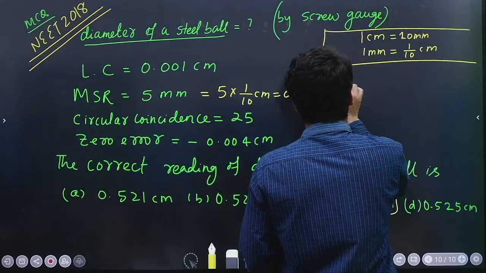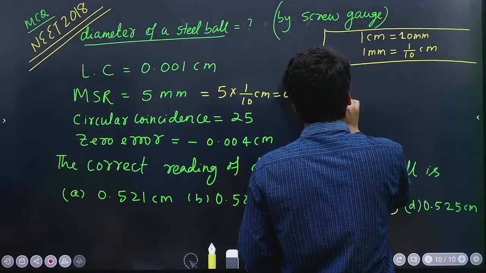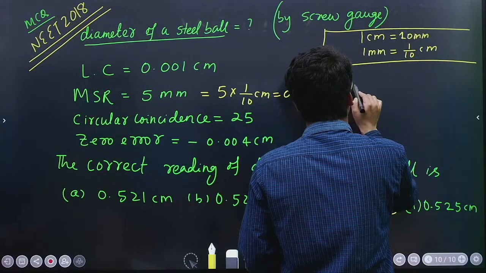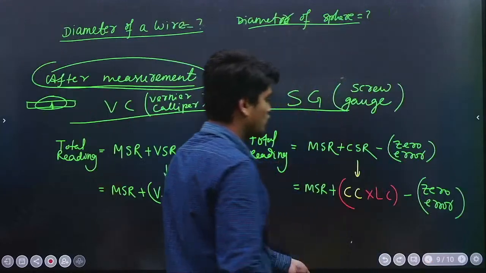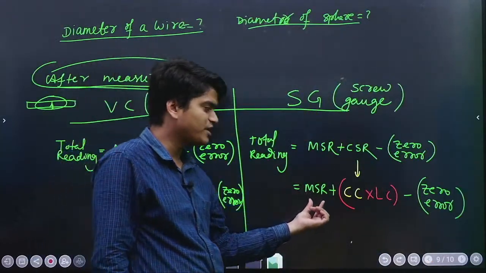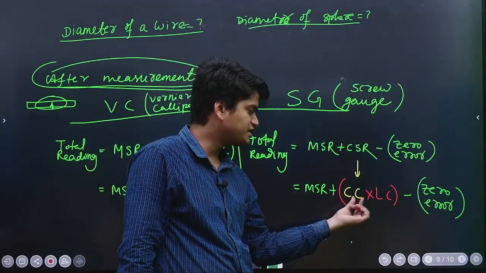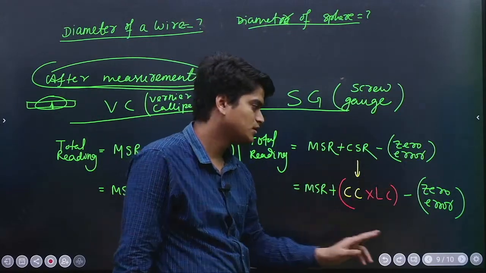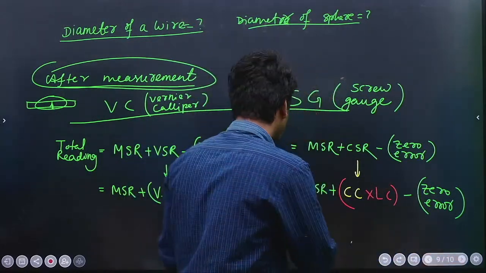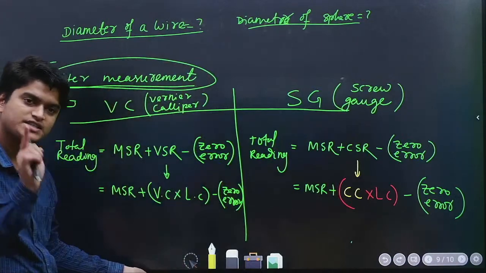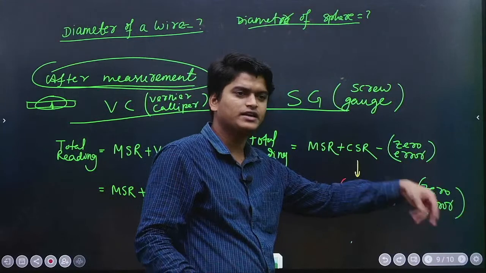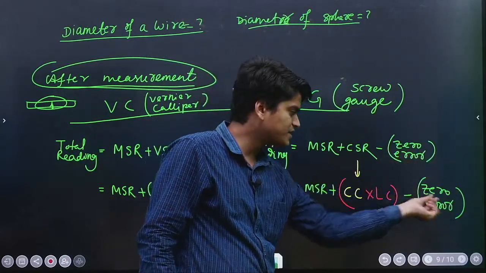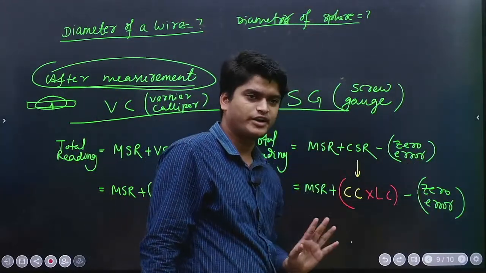Now what is our formula for the diameter calculation? Total reading for a screw gauge is MSR plus CC into LC minus zero error. And remember, you have to put the zero error with sign: positive zero error, positive sign; negative zero error, negative sign. Then after this minus, you have to multiply.